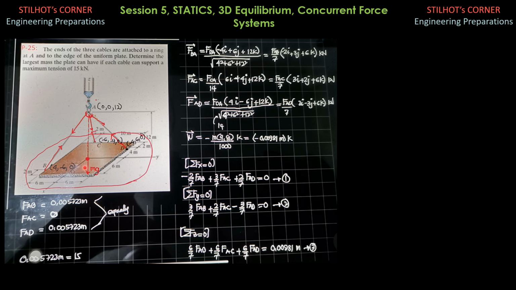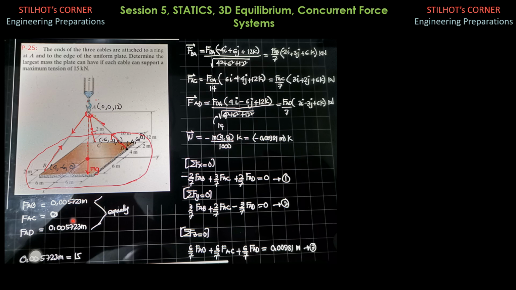If you notice, these points B, A, D, and the center of gravity lie on the same vertical plane. That means that AC lies on a plane that is away from the plane of these points that I mentioned. So that's why the tension in AC is 0.